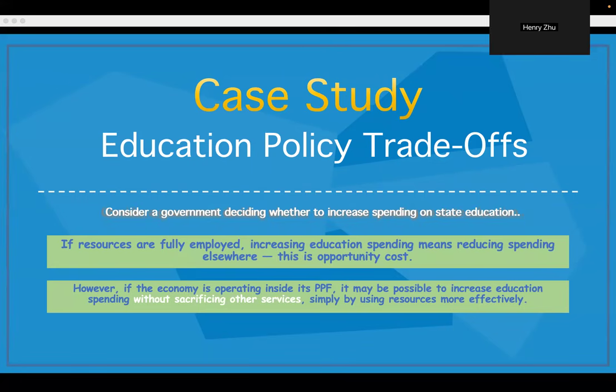However, if the economy is operating inside the PPF, the situation is different. The government may be able to increase education spending without reducing other services, simply by reducing inefficiency, increasing employment, and improving allocation of resources. This distinction is crucial for policy analysis.